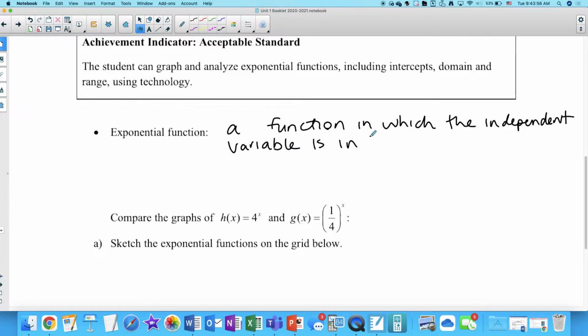For example, y equals 2 to the x. That is an exponential function because my unknown is the exponent.